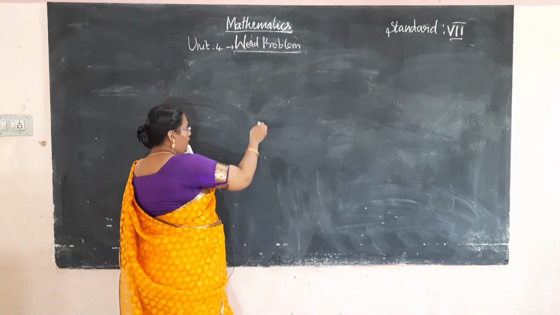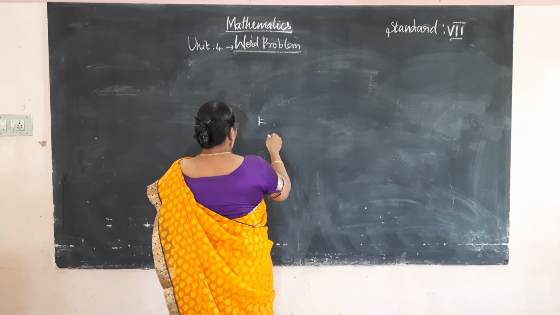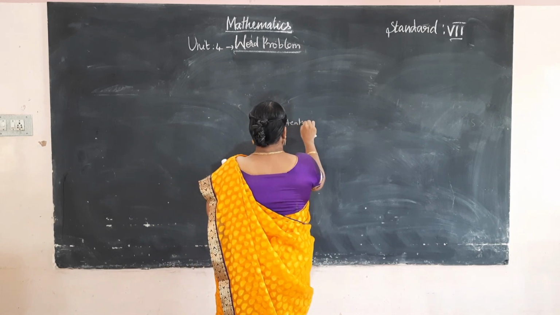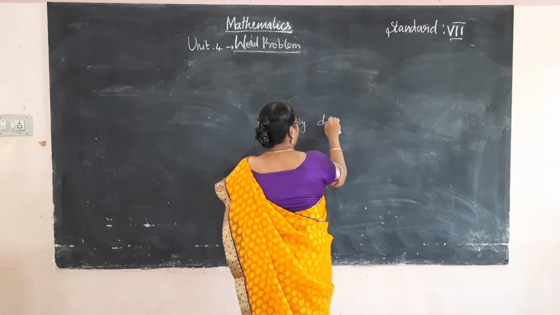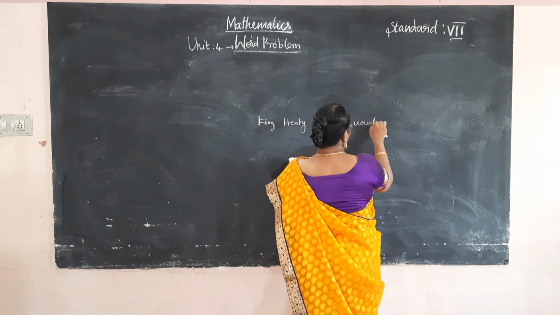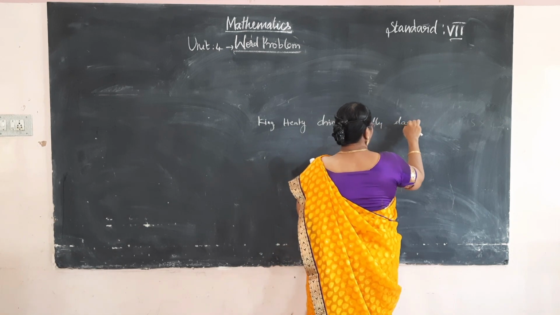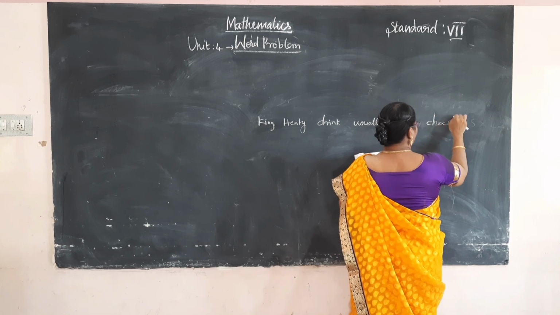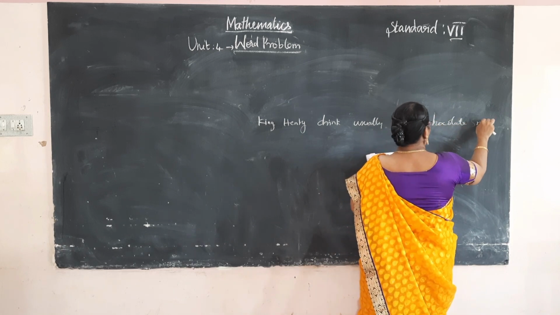What are kilo, hecto, deca? King Henry drinks usually dark chocolate milk.